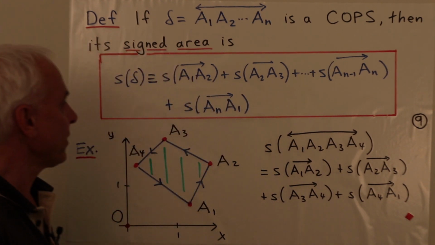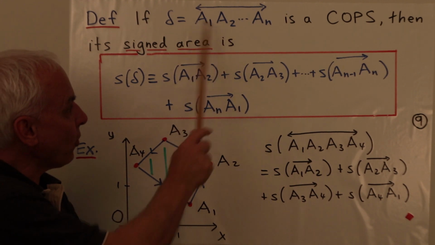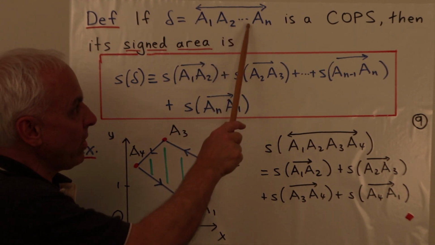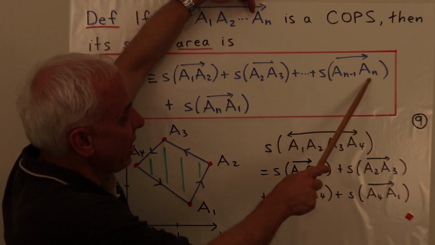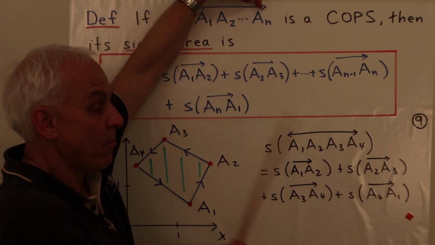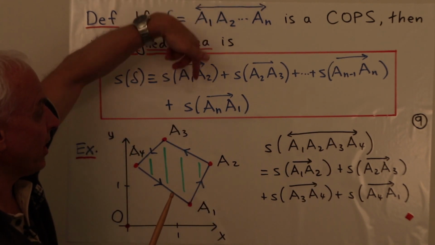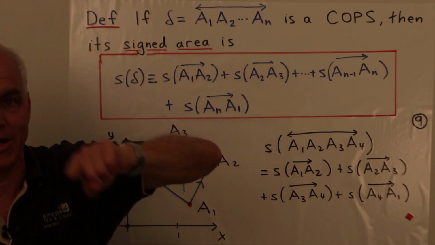It's a definition. Okay, what is it? It's S of A1, A2, so there's the first oriented edge, plus S of A2, A3, the next oriented edge, and so on, all the way up to the last one here, which is S of AN minus 1, AN, plus, crucially, plus one more, plus the oriented edge AN to A1, its signed area as well.